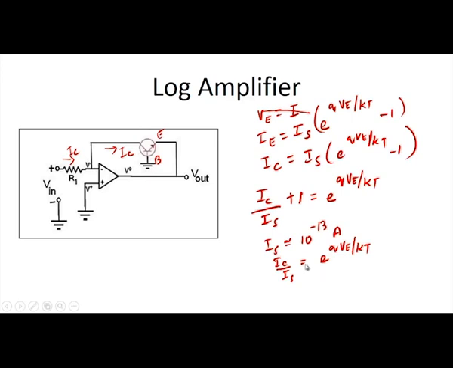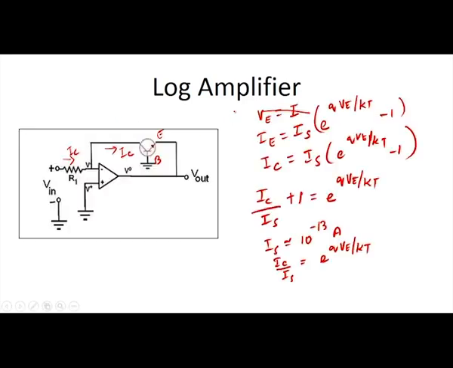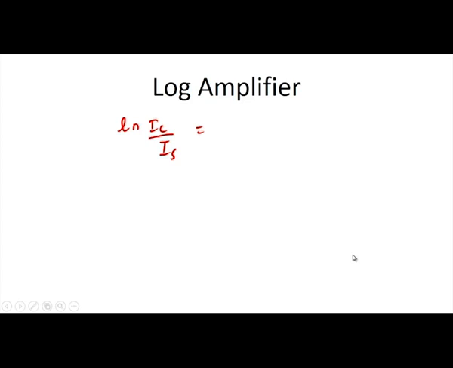If you take the natural logarithm on both sides, then this exponential term will get cancelled out. So, you will have natural logarithm of IC by IS is equal to the remaining term QVE by KT.